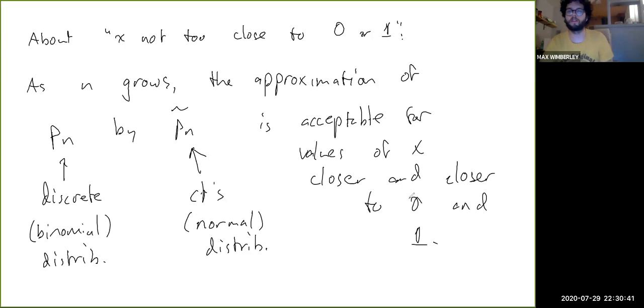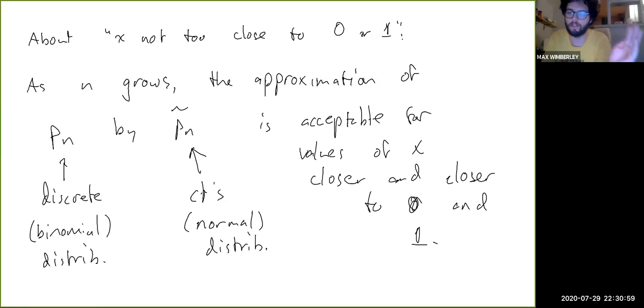Basically, the margins where x is not allowed to be close to 0 or 1 also shrink, and they shrink approximately as 1 over square root of n, I think. Those shrink as n gets larger and larger.